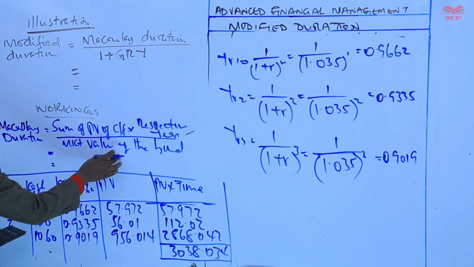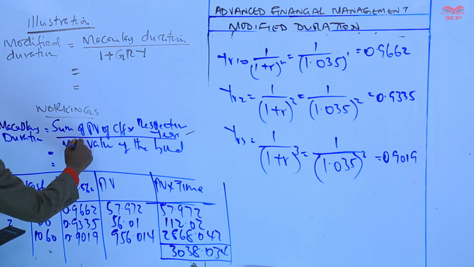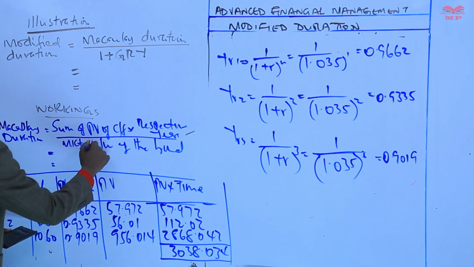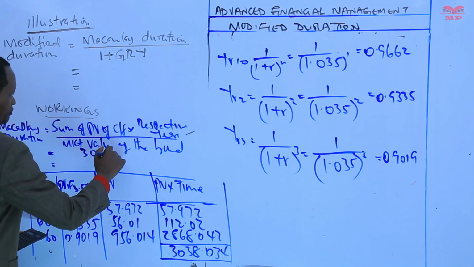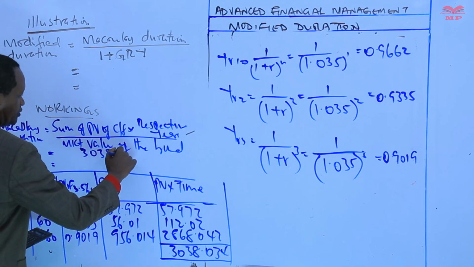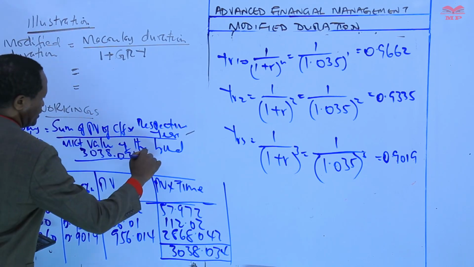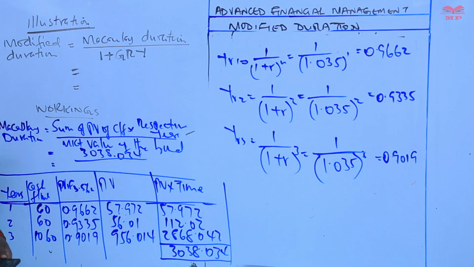So we divide by the market value of the bond. 3038.034 divided by the market value of the bond. What is the market value of the bond?